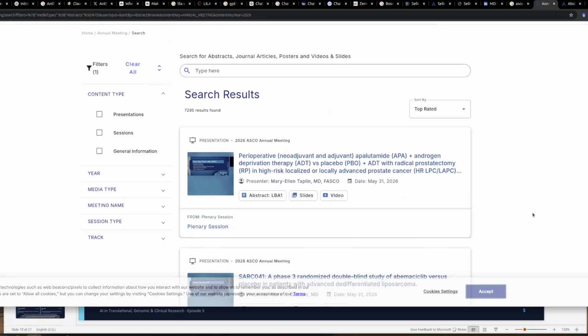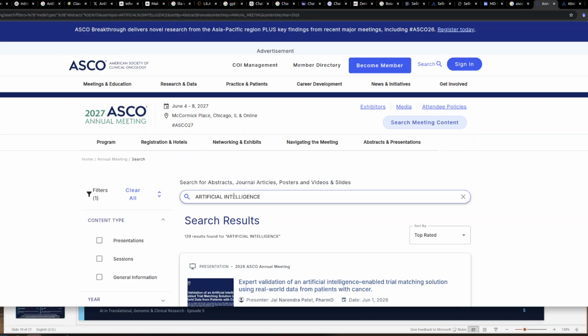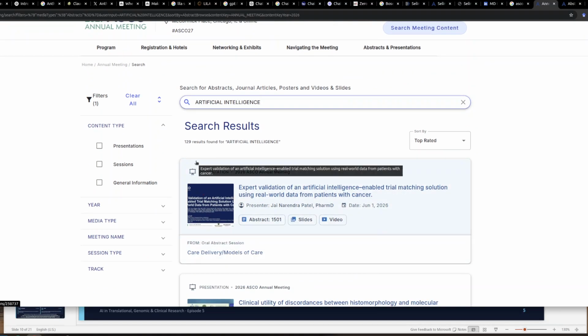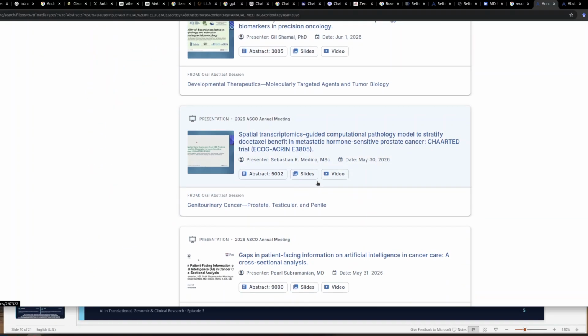If you go in here and search for artificial intelligence, out of 7,295 abstracts, 129 have substantially used artificial intelligence. This is the new era, when it was barely anything last year.